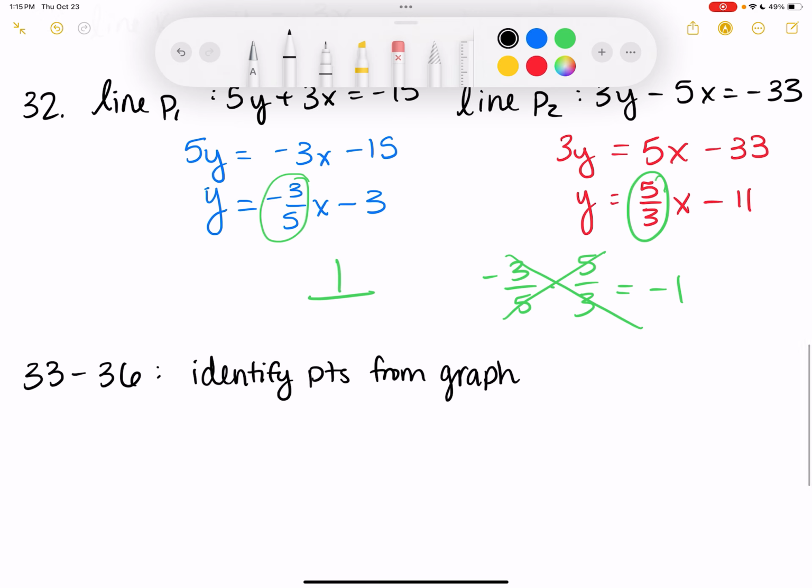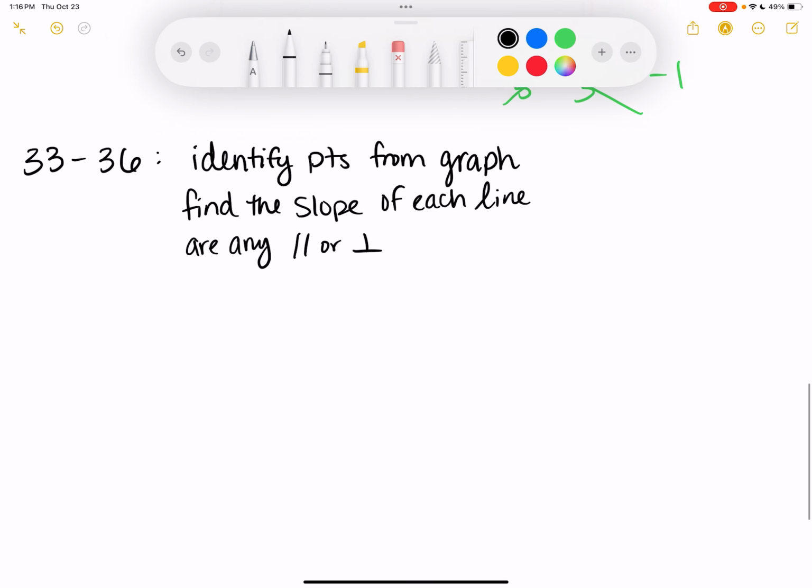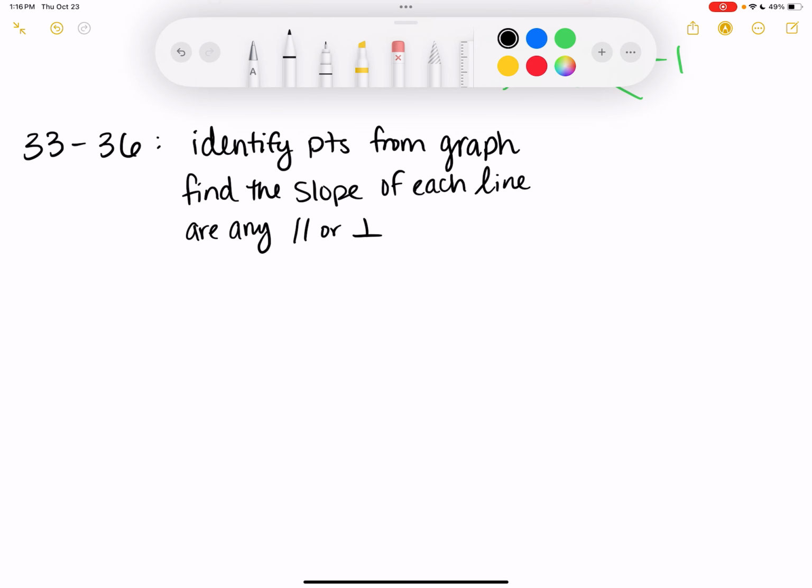Then you need to find the slope of each line, so figure out which pairs of points go together. And then, are any parallel or perpendicular? Okay, so I've kind of just given you the SparkNotes version of what they're asking you to do in the instructions to make it a little bit easier to see.